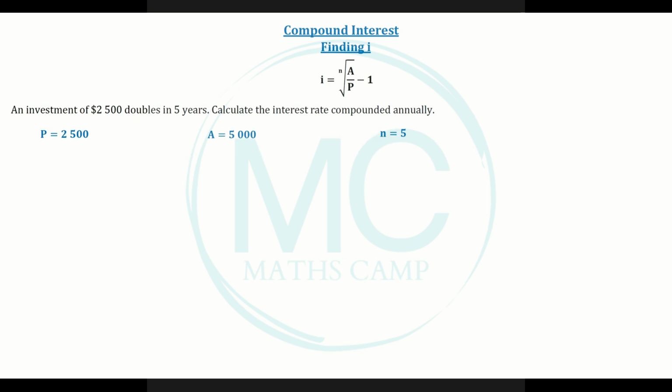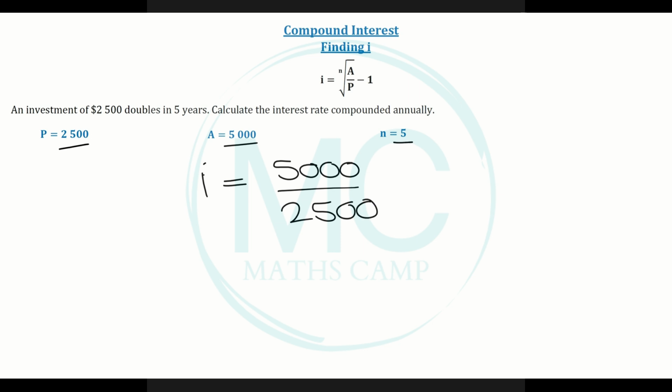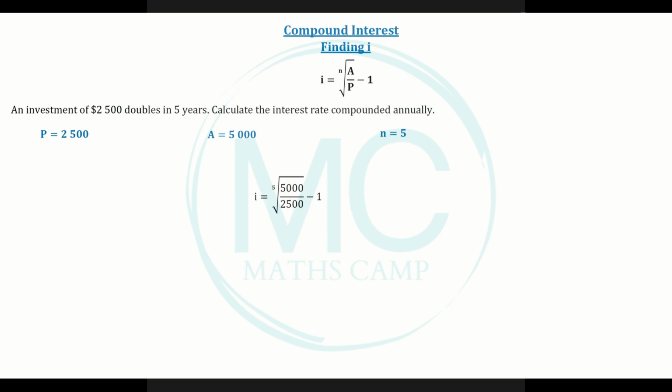Now that we have these values, we can put them into the formula. So we say i is equal to A, 5,000, over P, 2,500. n is 5, so we say root 5 minus 1. 5,000 divided by 2,500 gives us 2. Then we have root 5 minus 1.